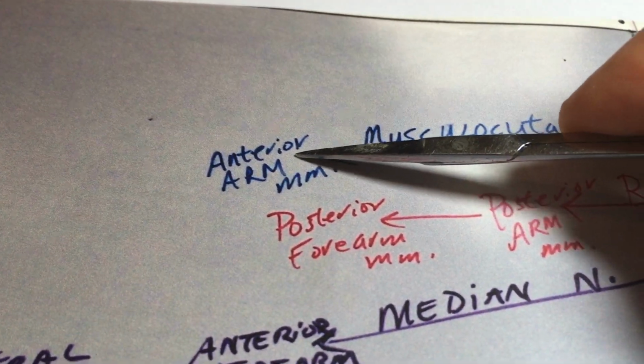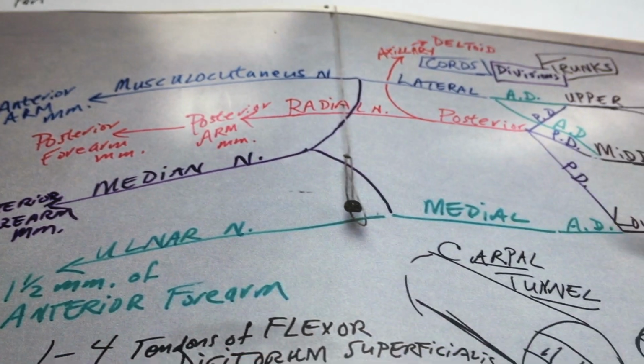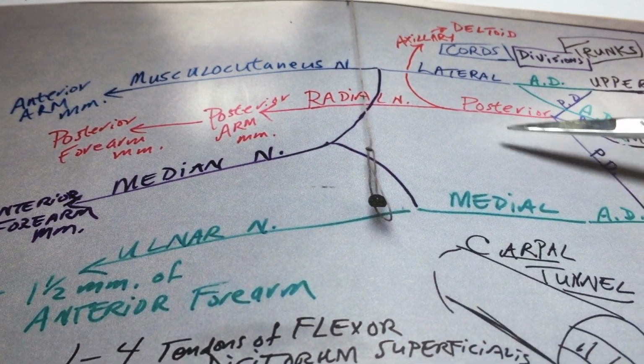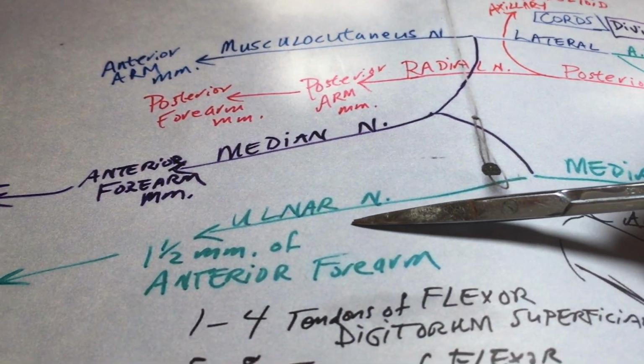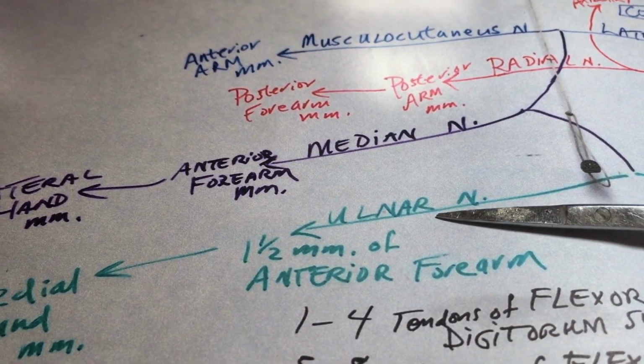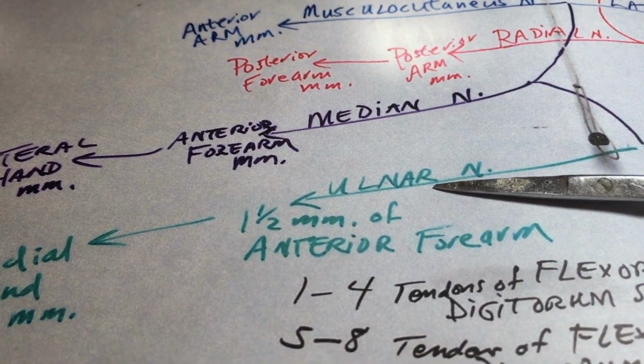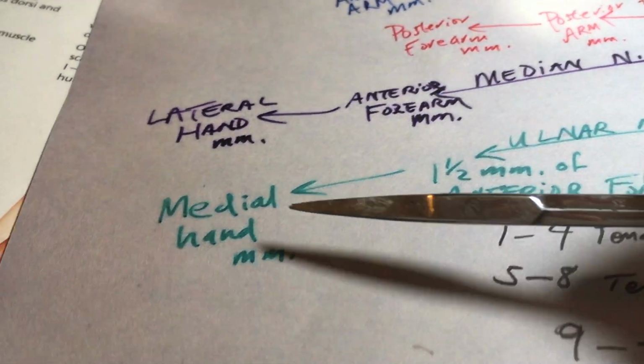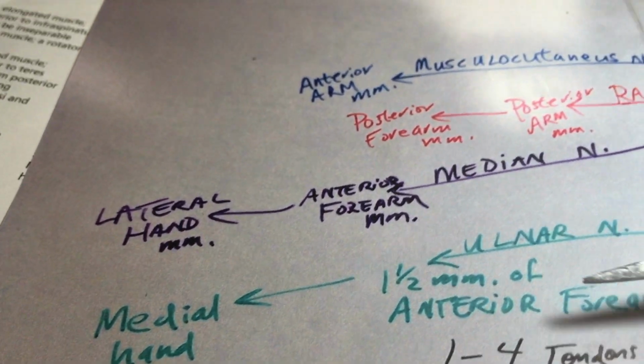That does the anterior arm. And then the medial, medial to the axillary artery, is going to come down and do the ulnar nerve. The ulnar nerve does the 1.5 muscles of the anterior forearm, and the medial half of the hand.